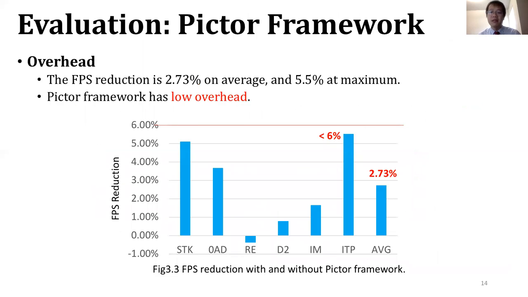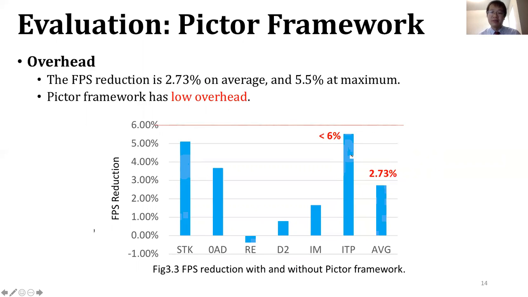Now, we will evaluate the overhead of Picture framework. The x-axis is benchmark rate, and the y-axis is FPS reduction with Picture. From this figure, we can learn that STK and ITP has the highest overhead, but still less than 6%.